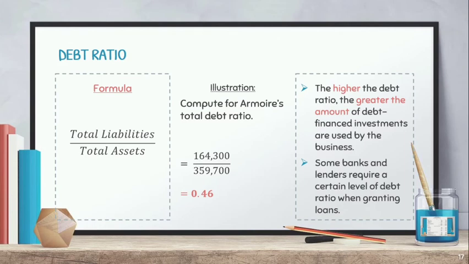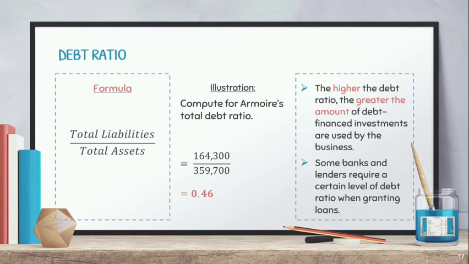The higher the debt ratio, the greater the amount of debt finance investments are used by the business. Some banks and lenders require a certain level of debt ratio when granting loans. So, before if mag-apply tag loan sa bank or sa mga lenders, sometimes kay mangayo man na sila pila ang atong debt ratio.